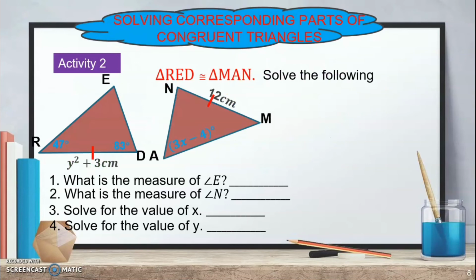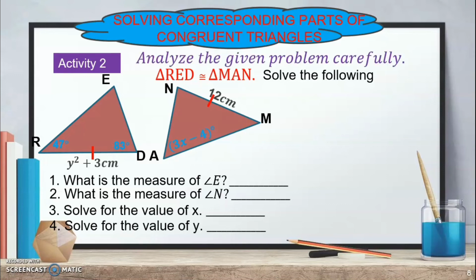Activity 2, we have triangle RED congruent to triangle MAN. Solve for the following. Number 1, what is the measure of angle E? So, measure of angle E, solve natin. Number 1, we know that angle E plus angle R plus angle D is equal to 180 degrees.